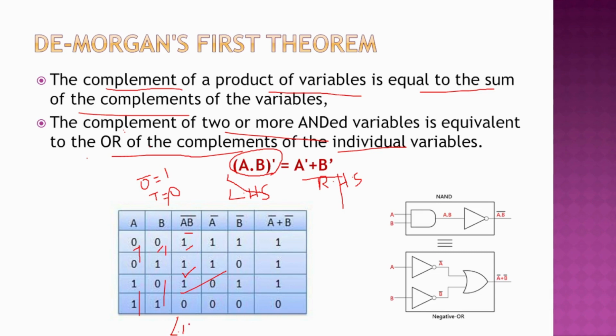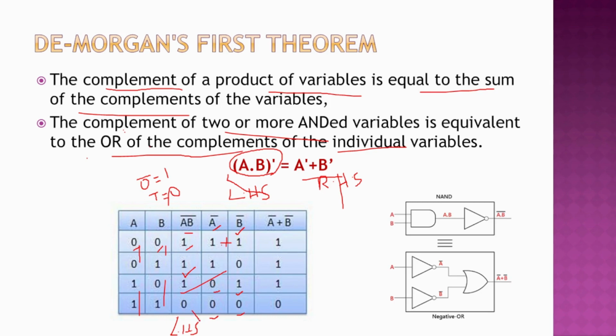You need to find the RHS value and compare both values to see whether they are equal or not. So to find the RHS value, first find the A bar value and B bar value, then do the addition operation between both values. 1 plus 1 is 1. 1 plus 0 is 1. 0 plus 1 is 1 and 0 plus 0 is 0.